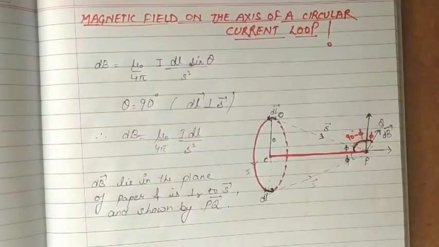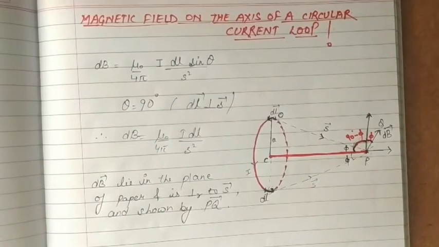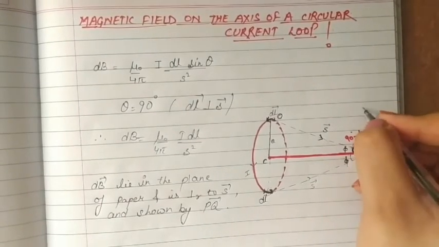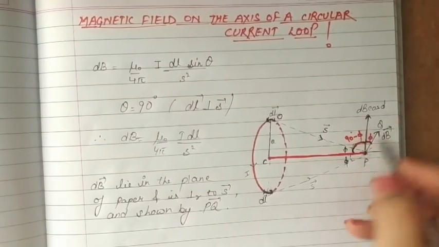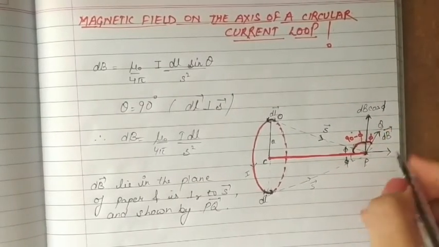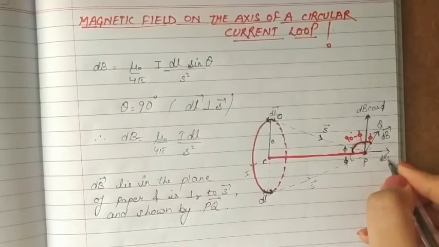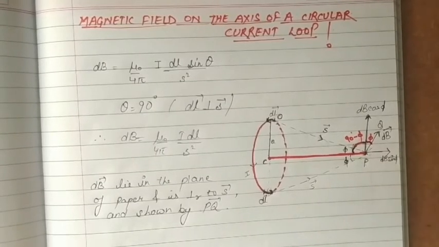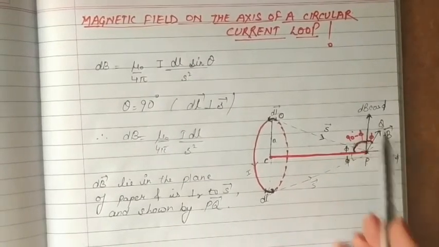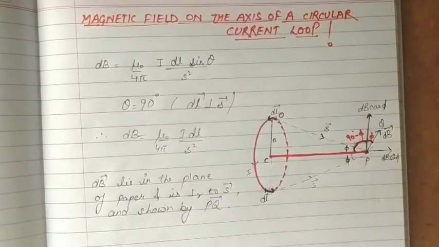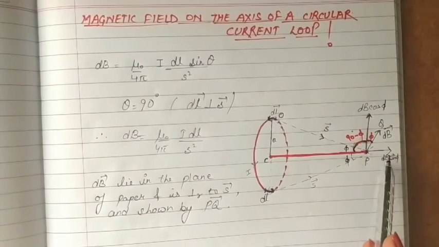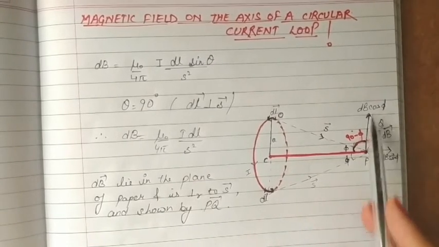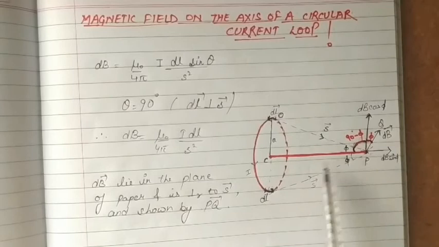Now the components can be written as dB cos phi, the component adjacent to the angle, which is the cosine component, and dB sin phi. Okay, dB cos phi and dB sin phi, these are the components. dB sin phi is along the axis, while dB cos phi is perpendicular to the axis of the loop.